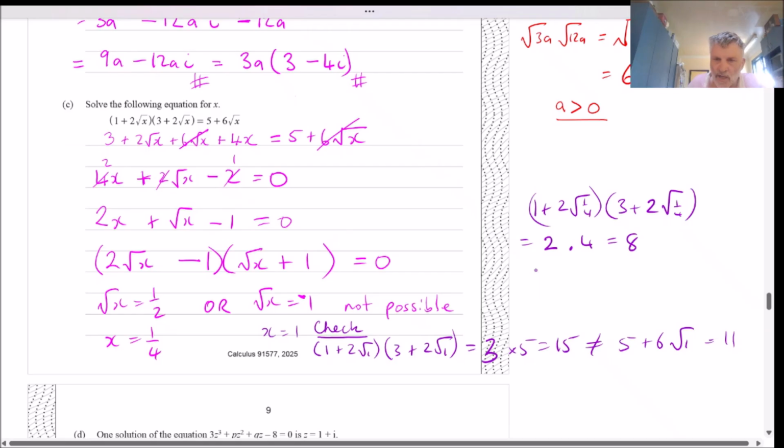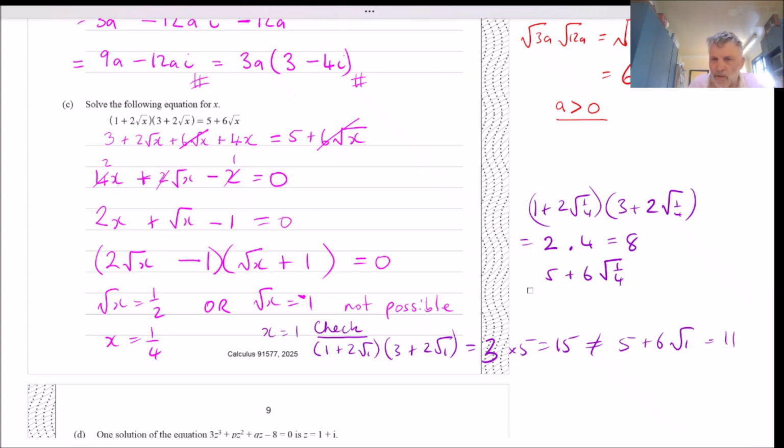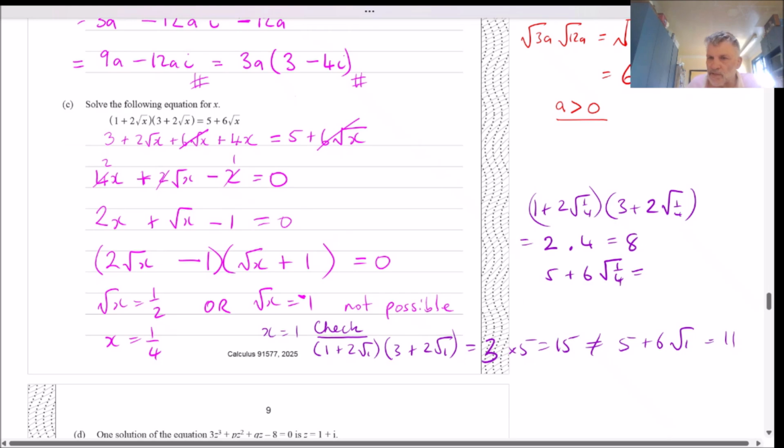That's 8. And 5 plus 6 root a quarter, this is a half. That's 3. That's 5 plus 3. That's 8. And that checks out here. So this really is a solution, and this really isn't a solution.